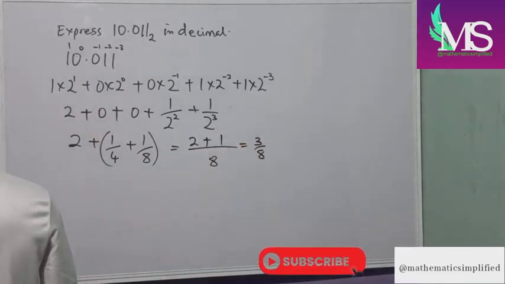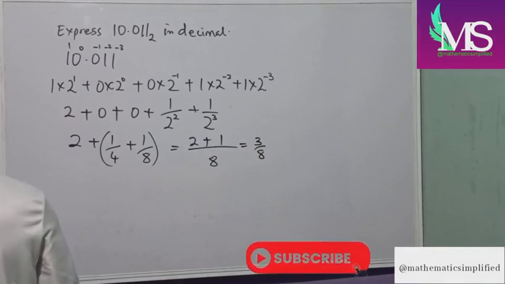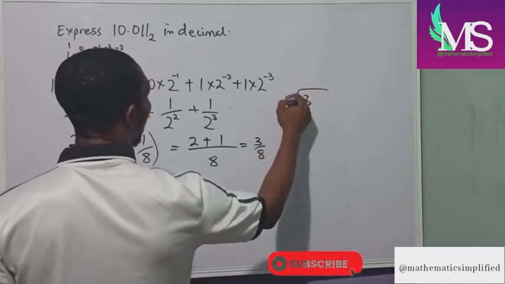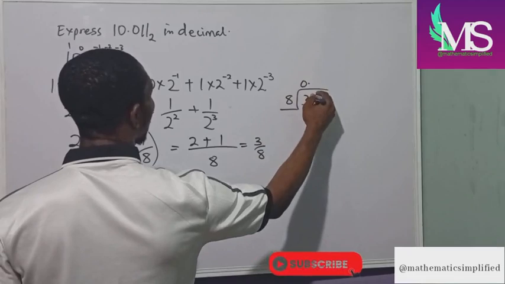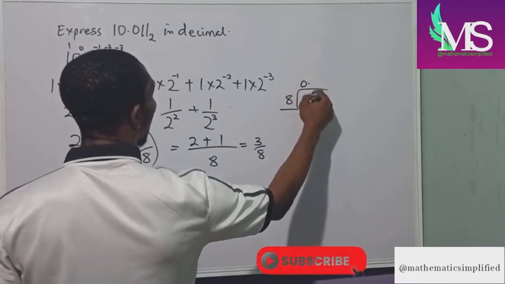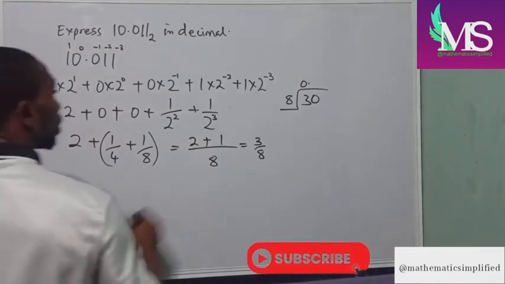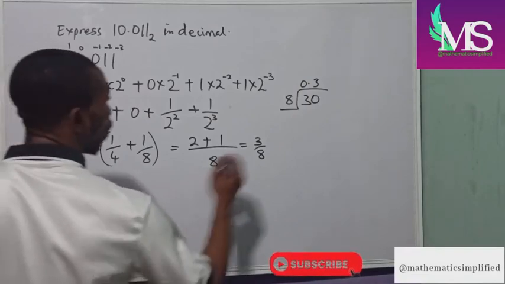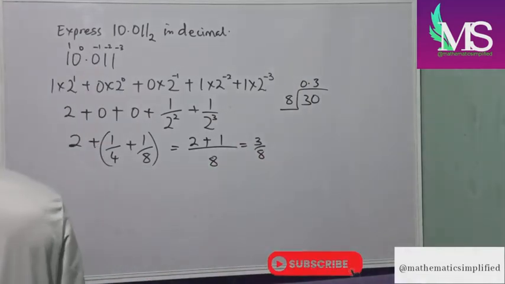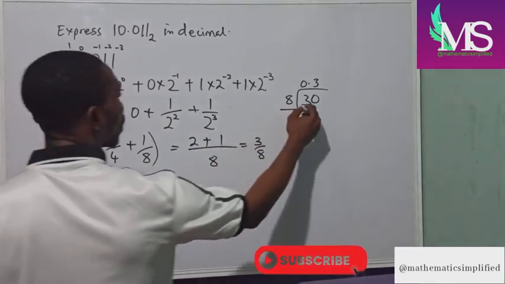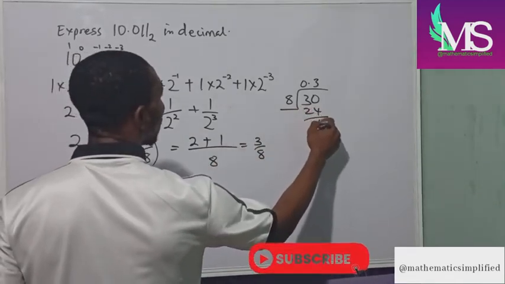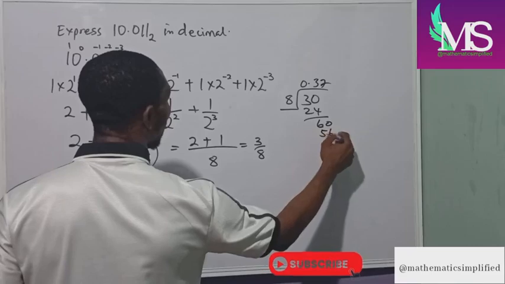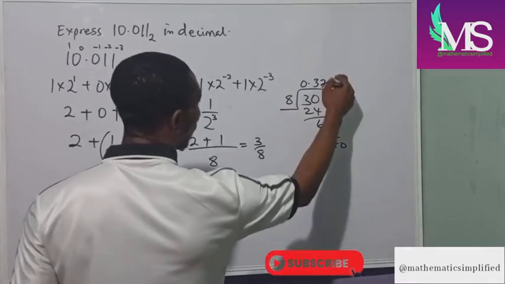We know that 3 divided by 8 gives us 0 point, adding 0 here, 3 times 8 is 24, so this gives us 24, making 60. 8 into 60 gives 56, making 40, this gives us 5.